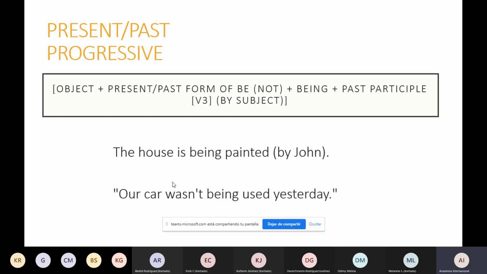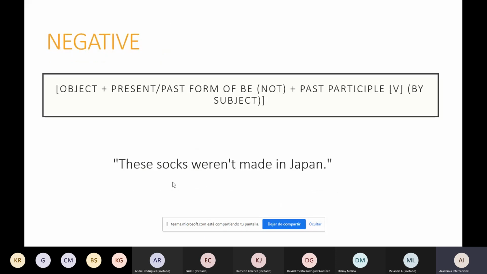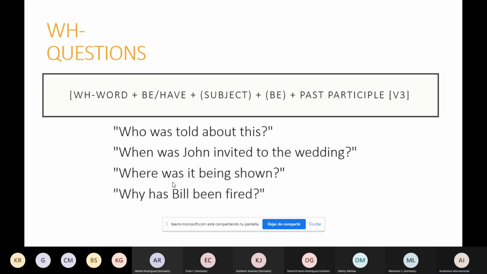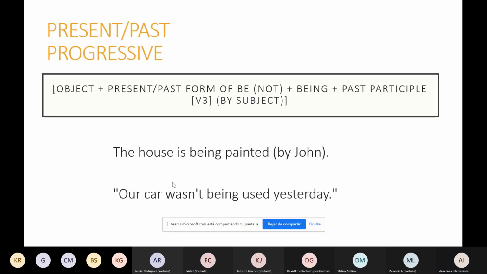Y bueno, acá ya voy con estructuras un poco más específicas. Por ejemplo, utilizando present or past progressive. Okay, the house is being painted. Okay, la casa está siendo pintada.